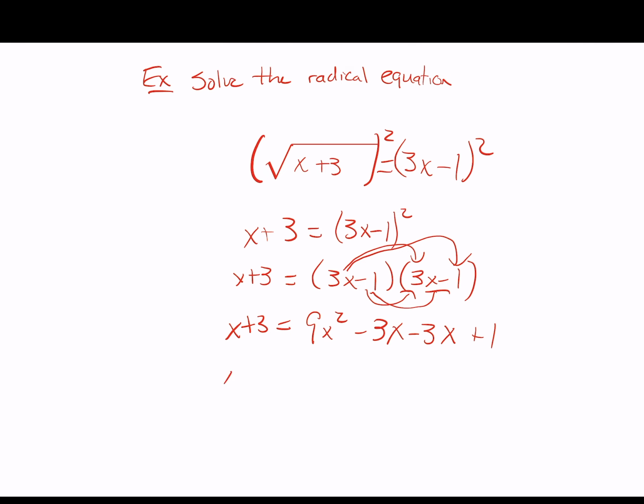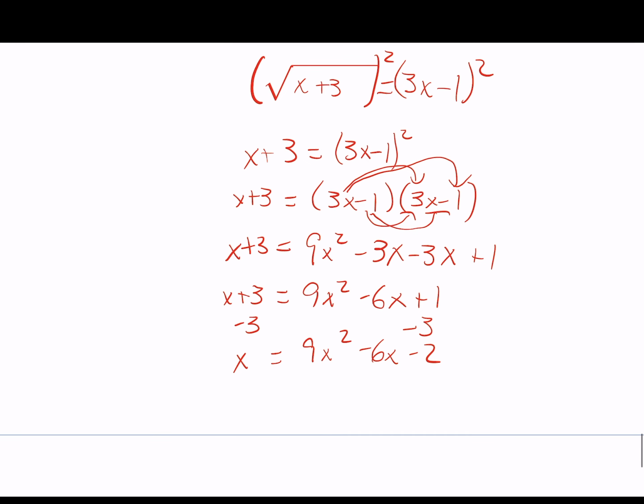So what we have is x plus 3 is equal to 9x squared minus 6x plus 1. We can subtract 3 from both sides to get x is equal to 9x squared minus 6x minus 2. And then we can subtract x from both sides to get 0 is equal to 9x squared minus 7x minus 2.